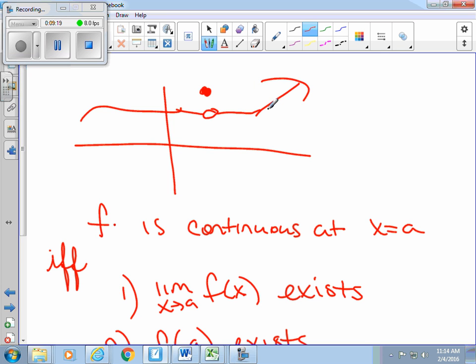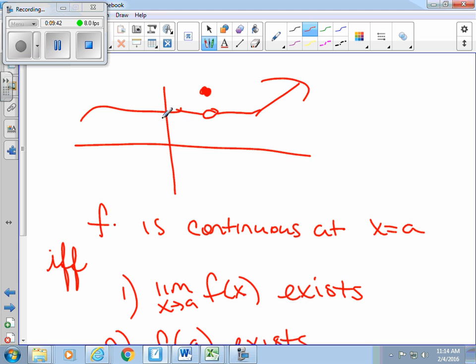The limit exists. The point exists. What would make it continuous, though? Okay, the limit exists. The function exists. There's a point.